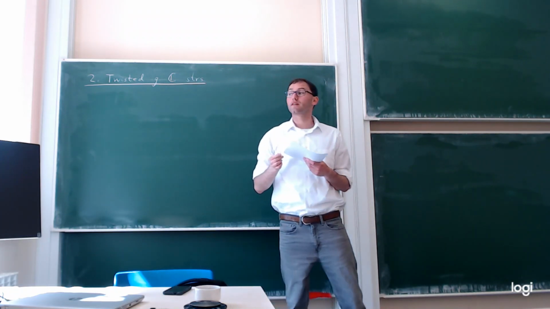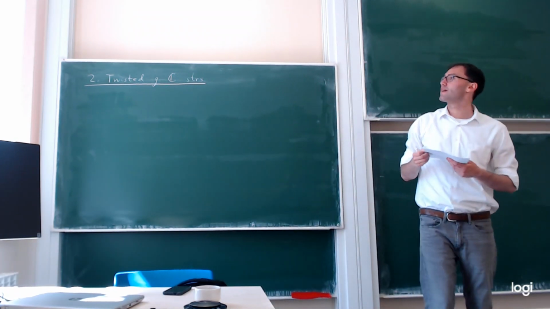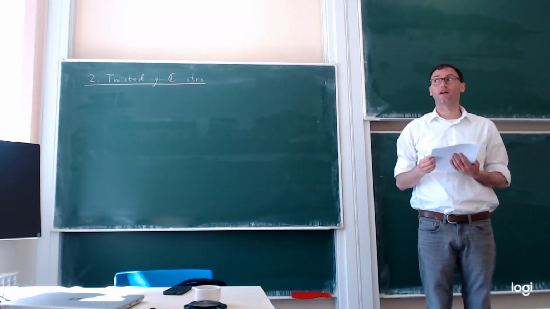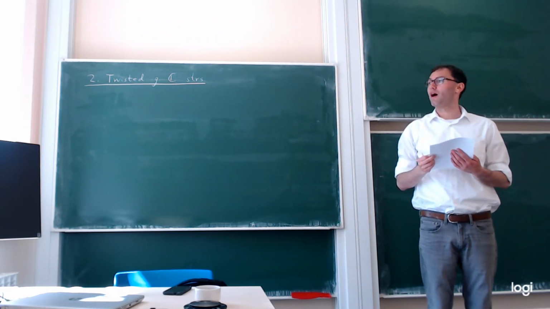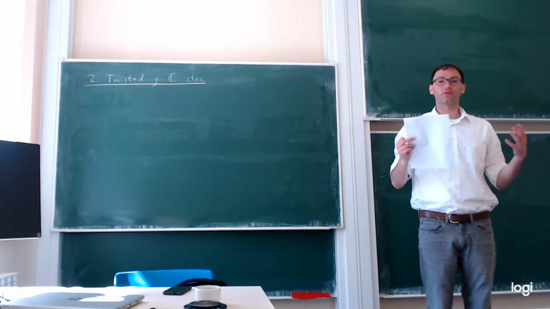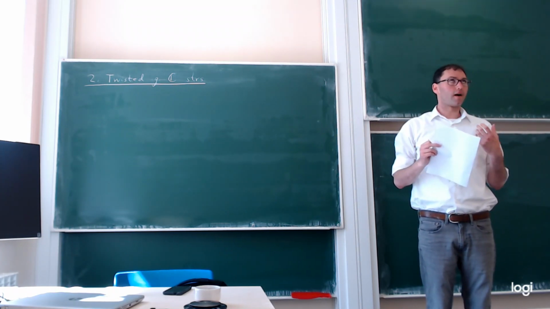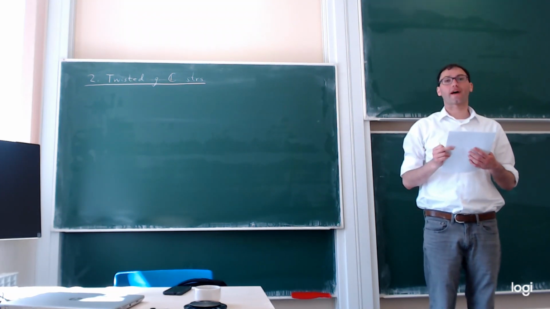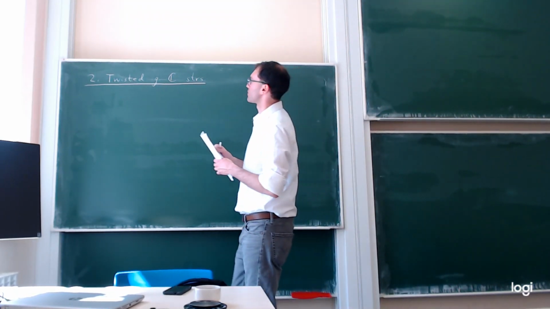So the idea here is that we're going to modify or adjust the data encoded in the generalized tangent bundle in such a way to modify the conditions that define when we have a generalized complex structure.